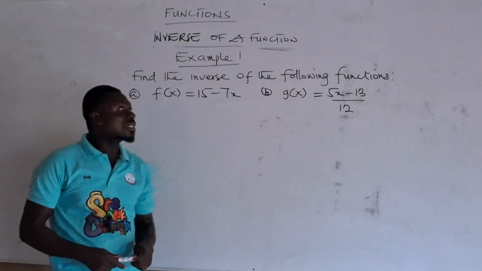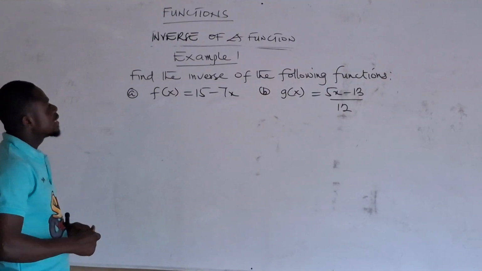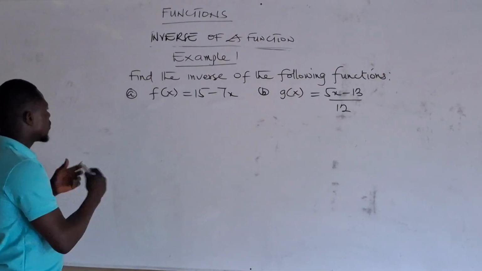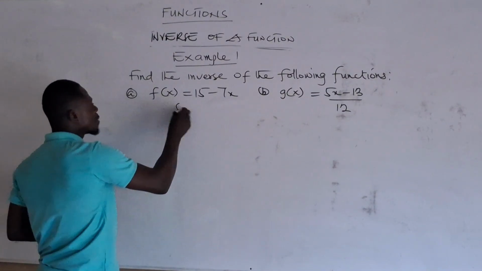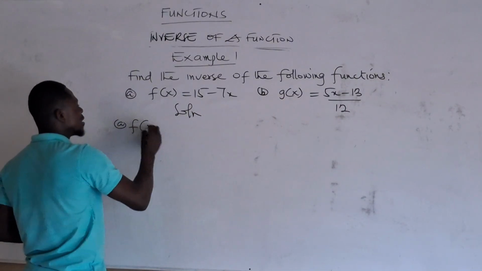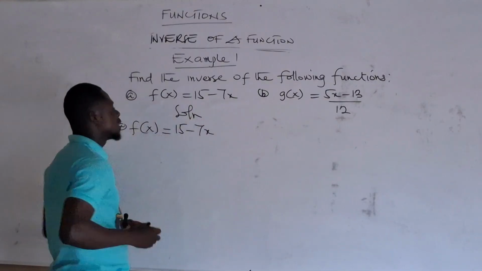In our first example for today, we are to find the inverse of the following functions. The first one is f of x is equal to 15 minus 7x.